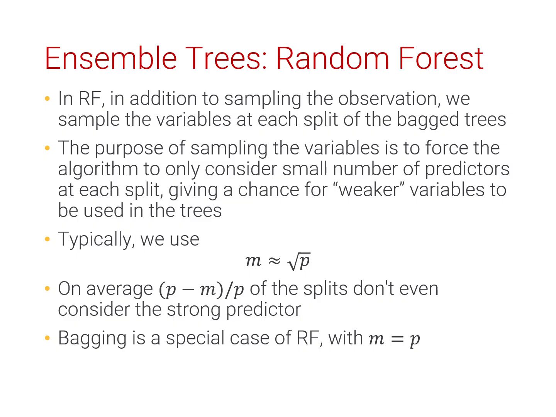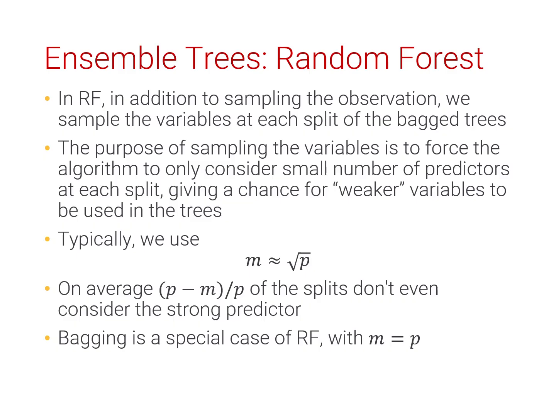By using a subset of variables at each split, we introduce randomness and diversity in the tree construction process. This allows weaker variables to have a greater influence on the tree construction and can lead to the discovery of important interactions and patterns that may have been overlooked in a traditional bagging approach.